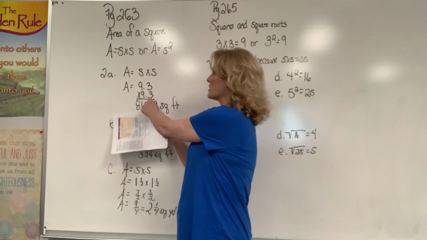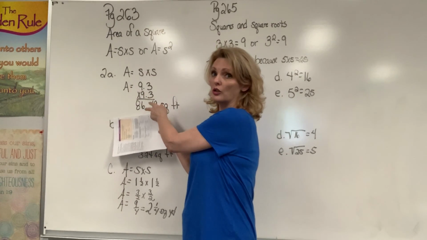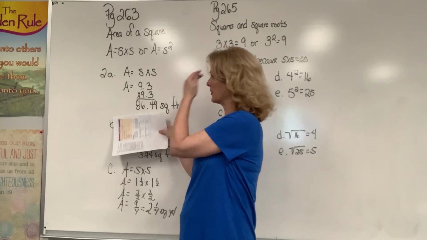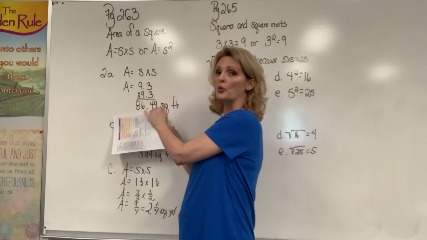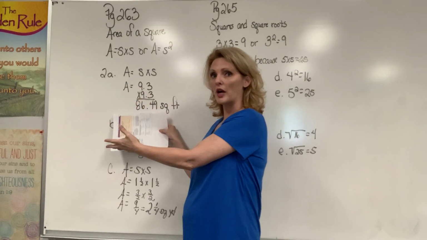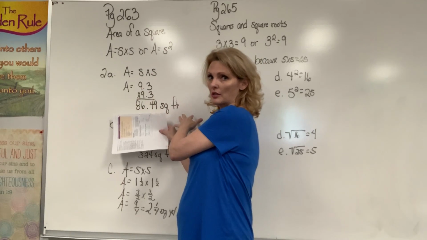You have two places behind the decimal in the problem, so in your answer you better have two places behind that decimal. And it is square feet. If you're dealing with feet in the original equation, the final answer should be square feet, okay?